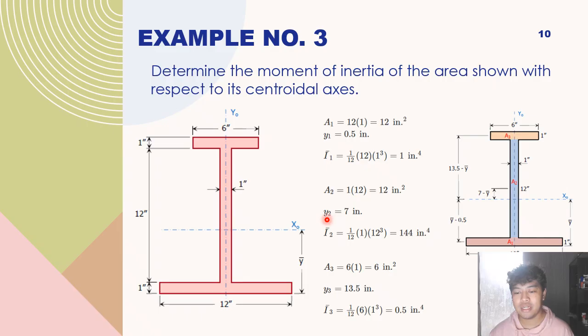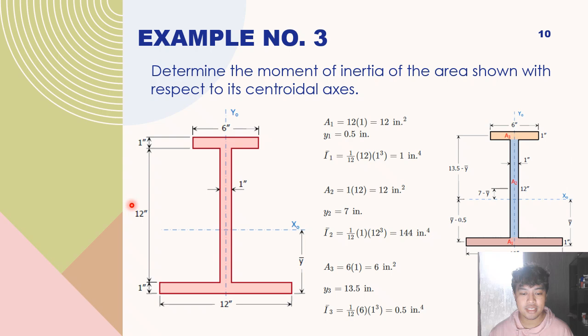And then the distance of the centroid of that specific shape, A2, from the bottom of the whole I-beam. Since again this is a rectangular shape, the centroid for area 2 is going to be at the center, so y over 2.